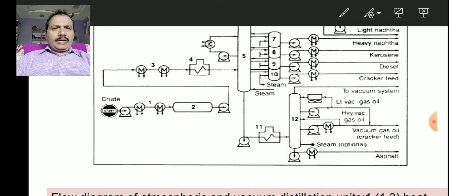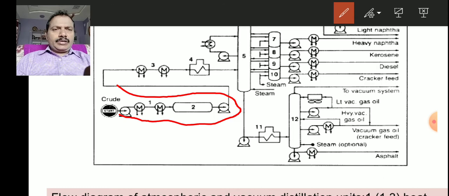The crude oil is processed like this by sending it through a series of heat exchangers, condensers, and distillation.